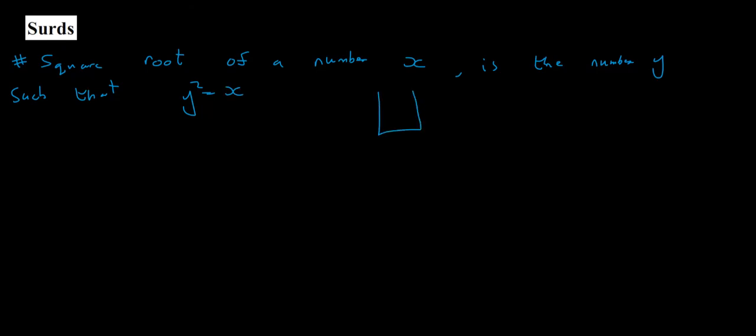And we can see that. Let's have a look at a square with area, say, 25 centimeters squared. Well, the square root of 25 is just going to be one side length, which is going to be 5.